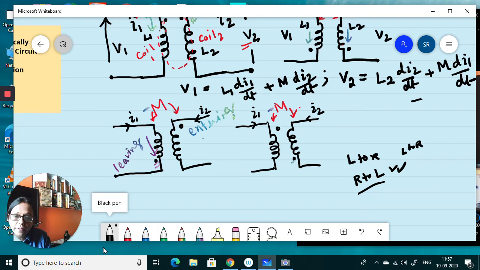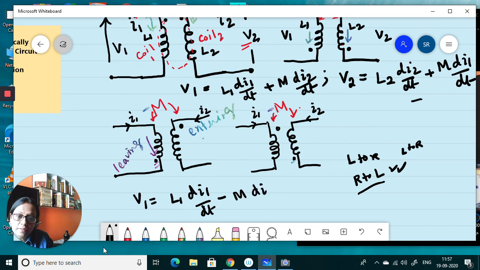Now here, V1 in both cases, M is positive, so V1 is equal to L1 dI1/dt minus M dI2/dt.